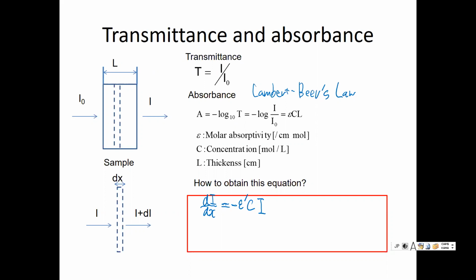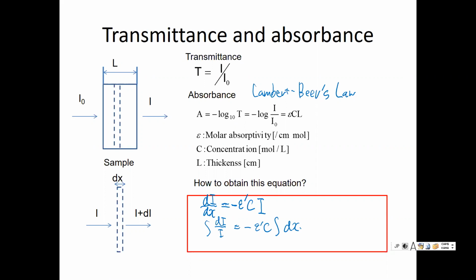So by solving this equation, simply move the I to the left side: dI over I equals minus epsilon prime C dx.